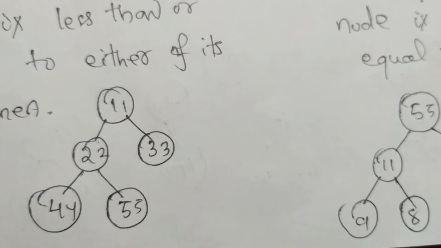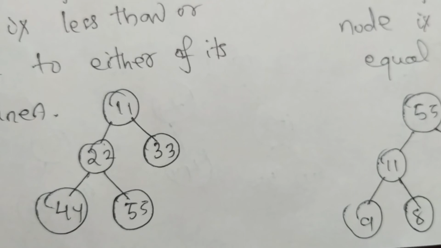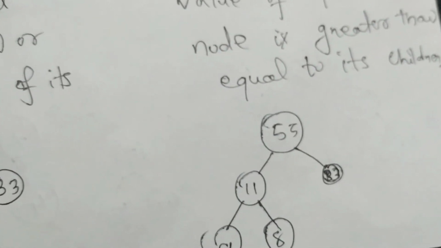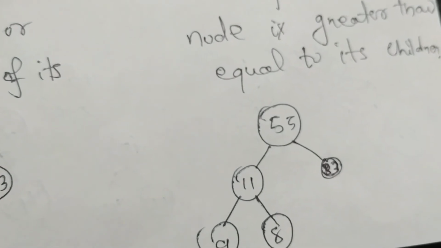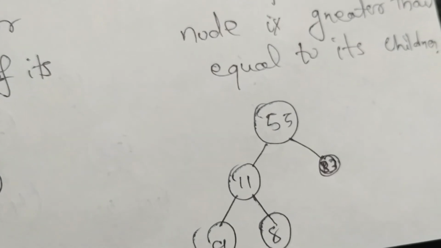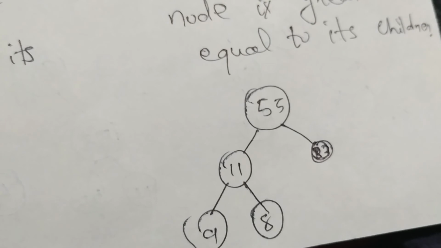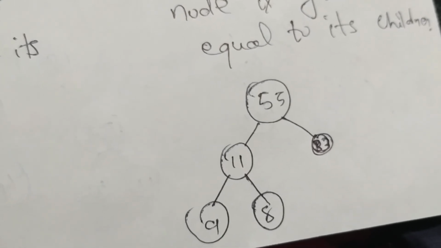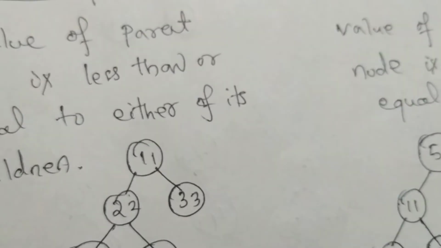And 22 is the root node for 45 and 55, and it is the minimum compared to 45 and 55. Now come to the right side. Here the root is 55, and it has a child 11, which is less, and 9 and 8 are children of 11, and these are less. So when the root is maximum, this is called a max heap, and if the root is minimum, it is called a min heap.